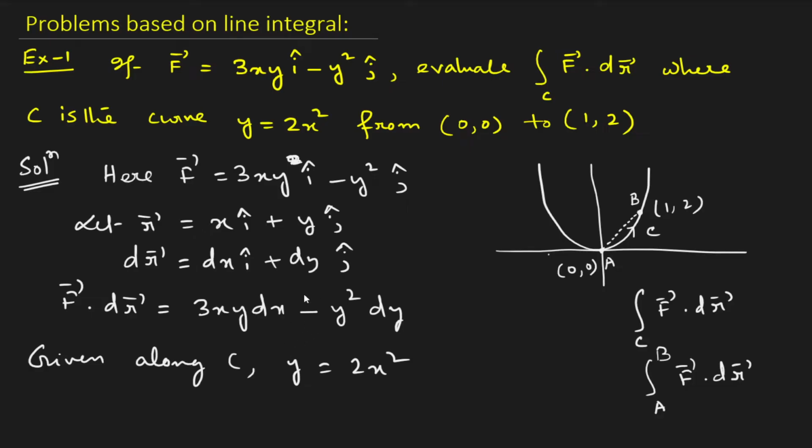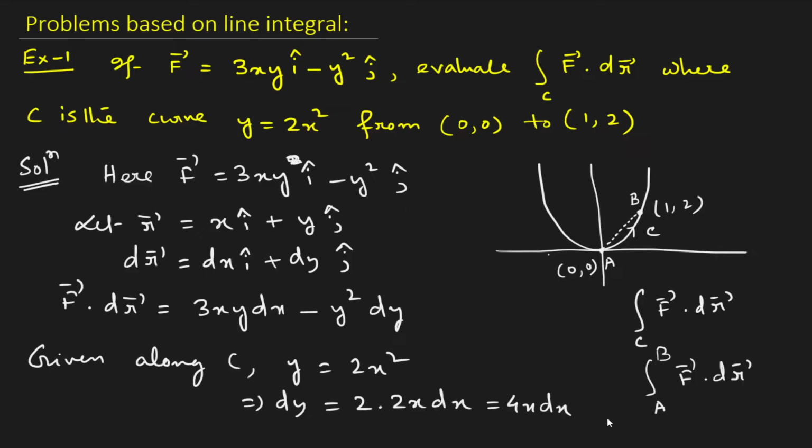So we have to bring all the expression in terms of x or in terms of y. The curve is y equals 2x square. If we differentiate it, we get dy equals 2 into the differentiation of x square, which is 2x dx, so it is 4x dx.